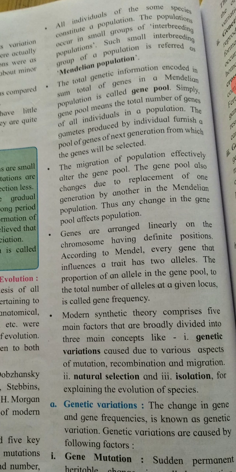The modern synthetic theory comprises 5 main factors that are broadly divided into 3 main concepts: genetic variations, caused by the various aspects of mutations, recombination and migration; natural selection; and isolation, for explaining the evolution of species.